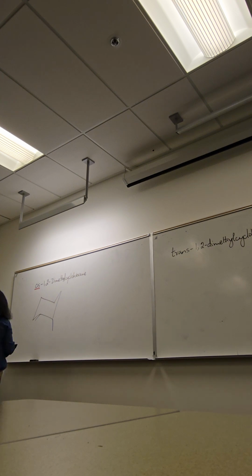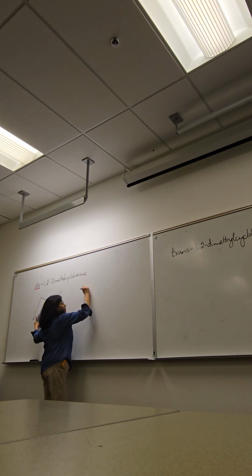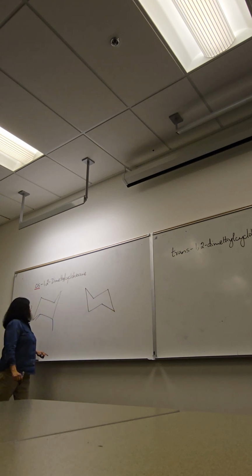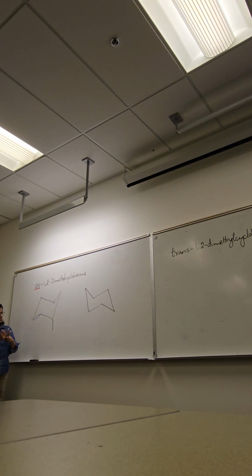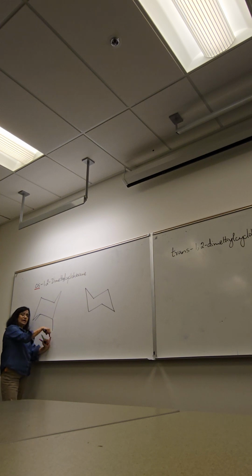What does that do? Remember, ring flip, whichever carbon was up goes down, whichever carbon was down goes up. So where is this carbon of mine? That was down first, so where is it now? Up. So what happens to the axial bond? And this was pointed downward, remember.